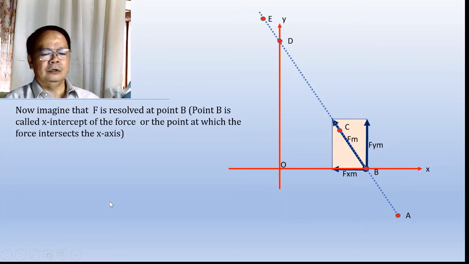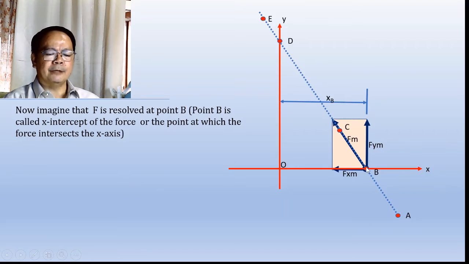Here is now the force resolved at point B. Here is our F sub y. Here is our F sub x. You will notice that F sub y will now have a perpendicular distance from the axis of rotation equal to x sub B, while F sub x will have no moment arm because it will just pass through O.